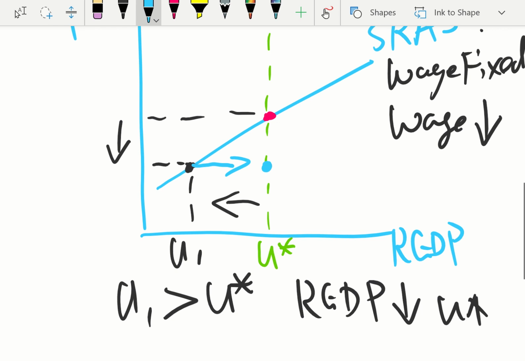Okay, so that's why in the short run, if you have this wage fixed, the economy goes down, and the company hires fewer people. But in the long run, once wage becomes more flexible, the company hires more people, and you go back to this long run equilibrium.